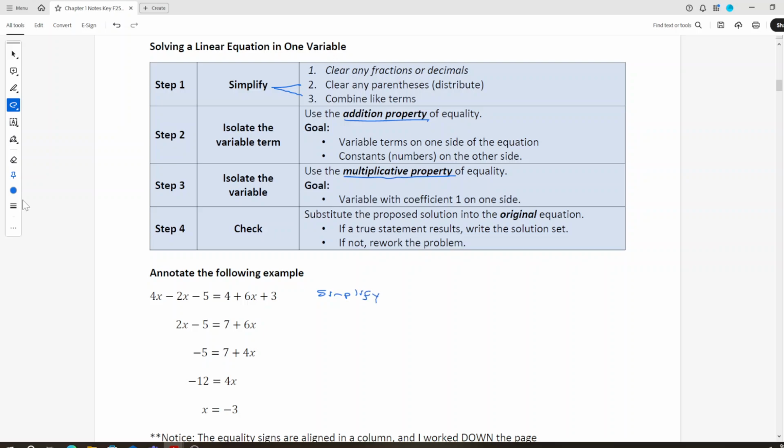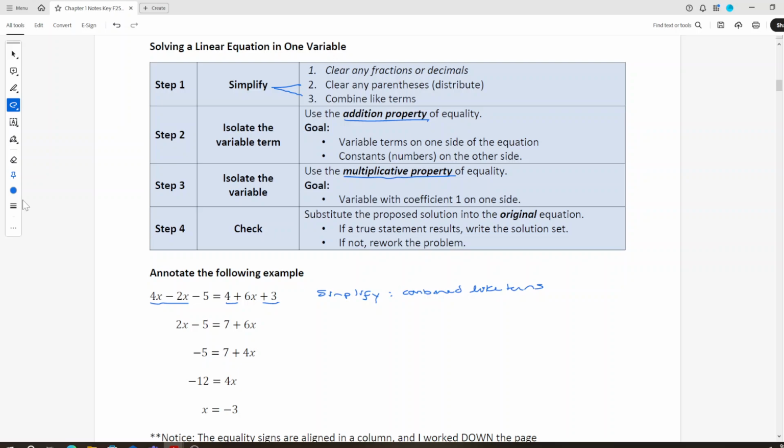What did I simplify? Well, I did 4x minus 2x is 2x, and I did 4 plus 3 is 7. So I collected like terms, or I combined like terms. So what did I do? I combined like terms. Why did I do it? Because I was simplifying the expression.